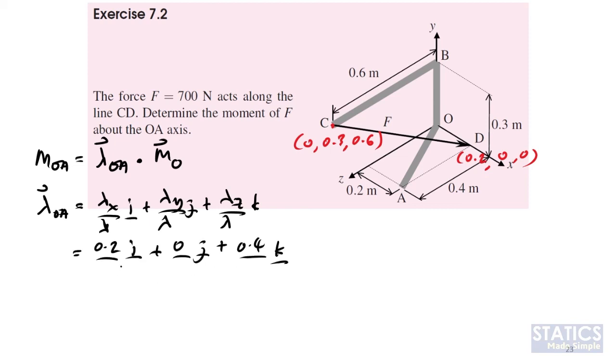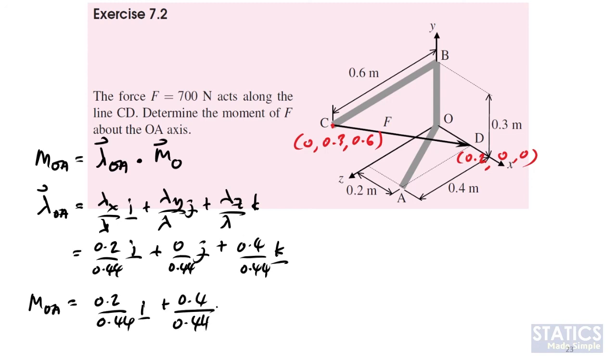So the lambda is equal to the square root of 0.2 squared plus 0.4 squared, which gives us 0.44. So this is lambda OA.